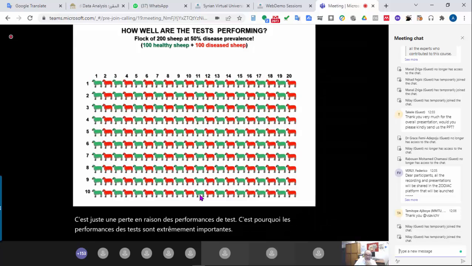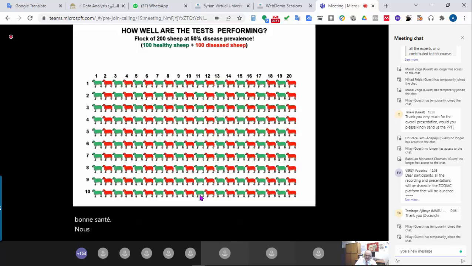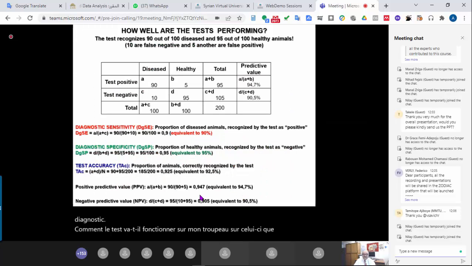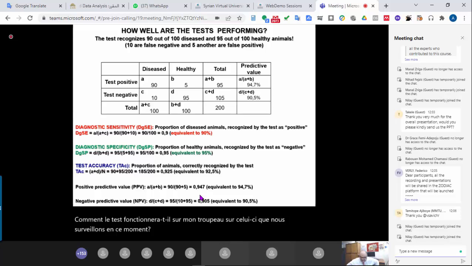So coming back to our experimental flock with 50-50 sick and healthy animals, we can see, okay, if I have my test with given diagnostic performances, how will the test operate on my flock, on this one that we are watching right now? So I selected just, for example, a test with the diagnostic sensitivity of 90% and diagnostic specificity of 95%.